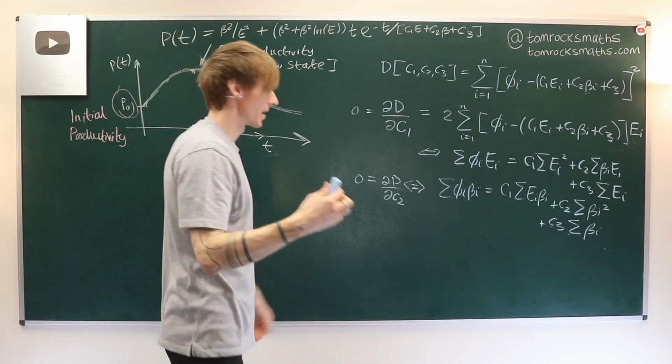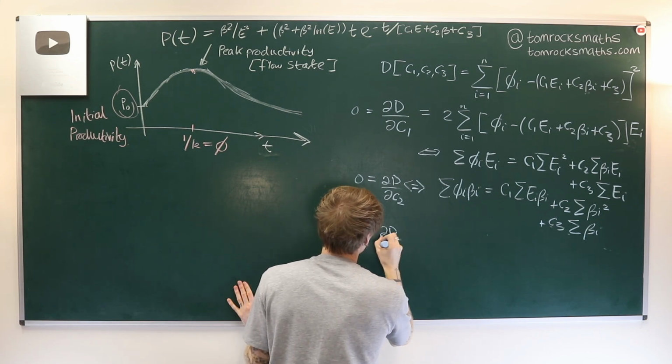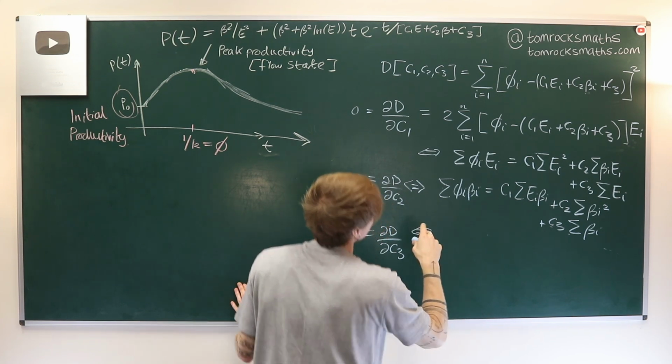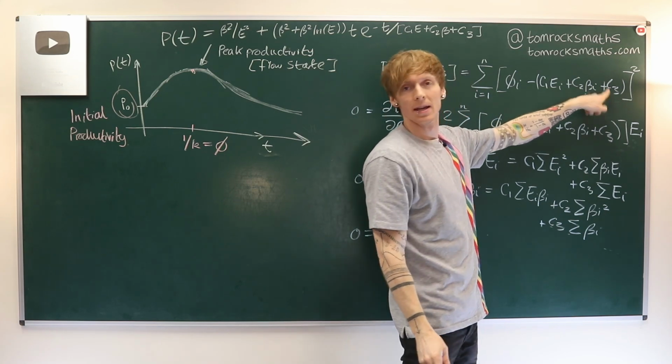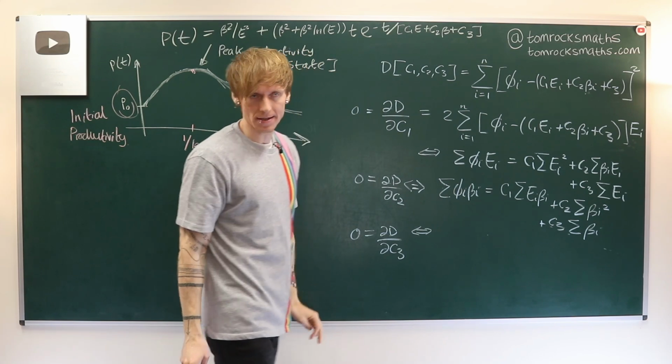And then finally, if we do the 0 is equal to the partial derivative with respect to C3, what does that give us? Now when we do the chain rule, we do not get a term that comes out because C3 isn't multiplied by anything.